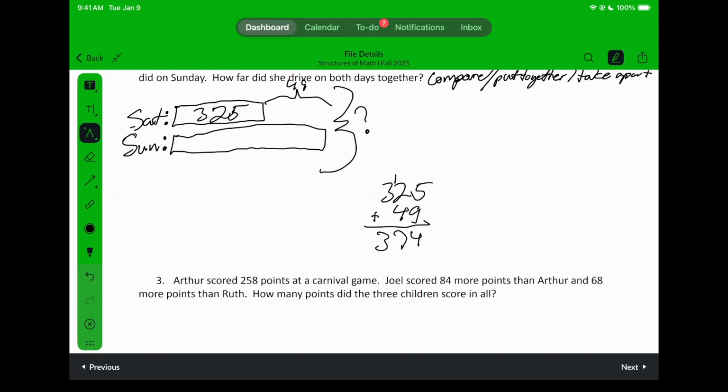So 325 plus 49 is 374. So now we know Saturday, and now we know Sunday. So now we did the compare. Now we do the put together part. 374 plus 325 is 699. What was her name again?